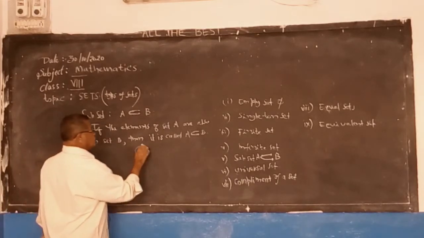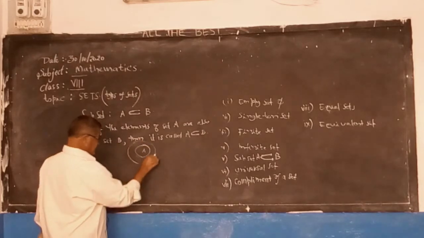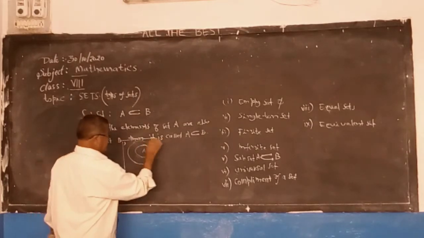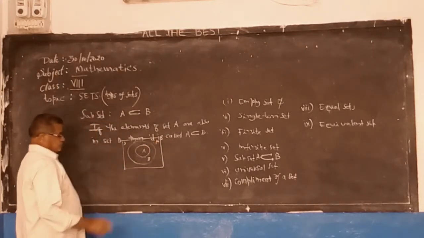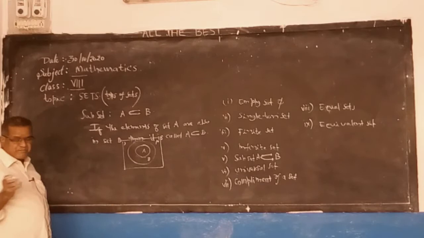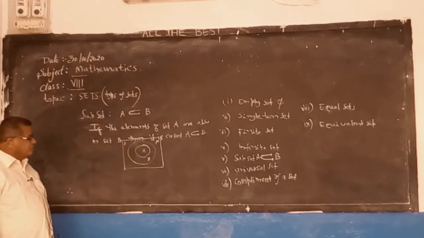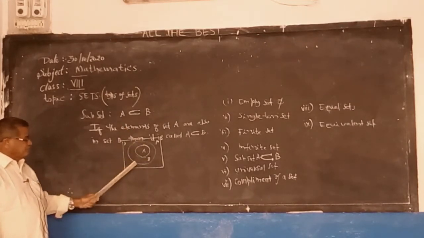For example, like this: set A, set B, and draw a rectangle. Set A is in B. Then we say set A is a subset of B, and B is a superset.